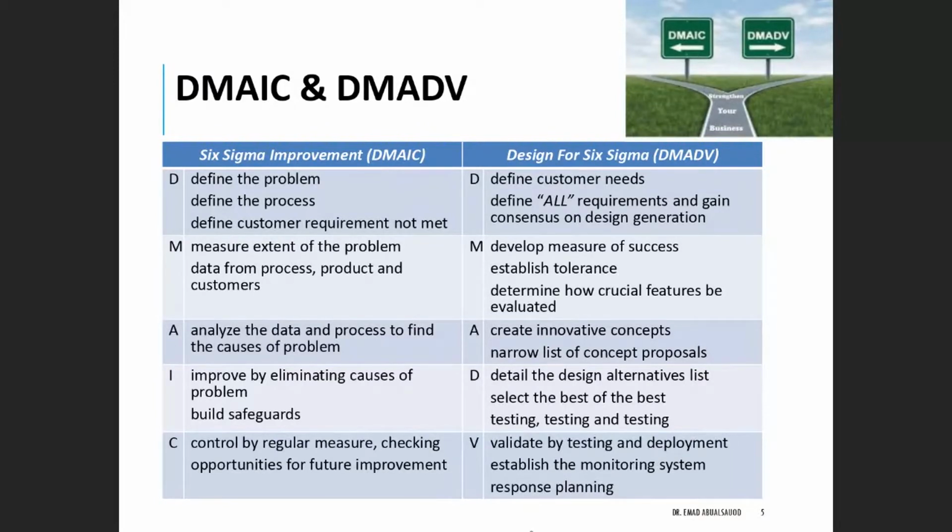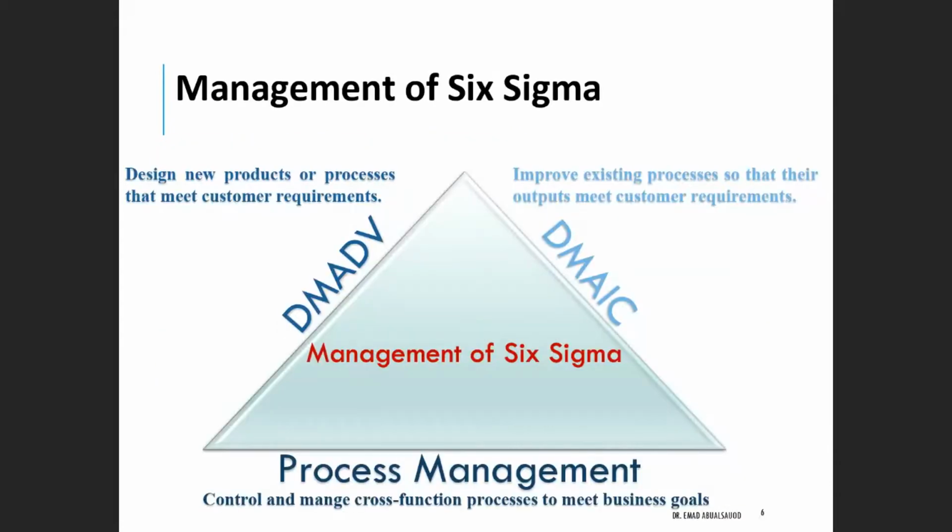This is more information about the differences between them, how an organization manages Six Sigma in a company, because you may face a situation where you apply design for Six Sigma, or you apply DMAIC, which is only the improvement.